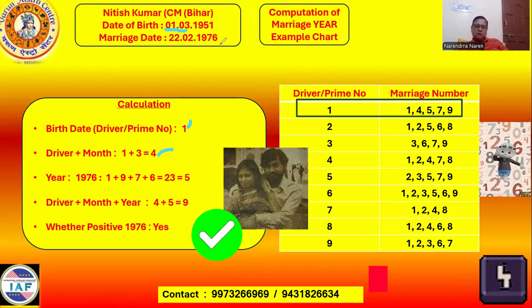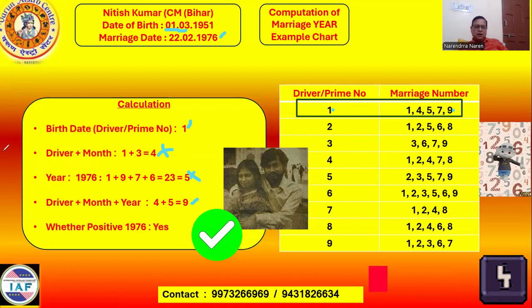And thereafter, 1976, when it is converted into a single digit, we are getting 5. When we add this 4 plus 5, these two numbers, we are getting 9. So against this 1, that is the prime number, birth date, the 9 number, that is the marriage number, is available. So the formula holds good here also.